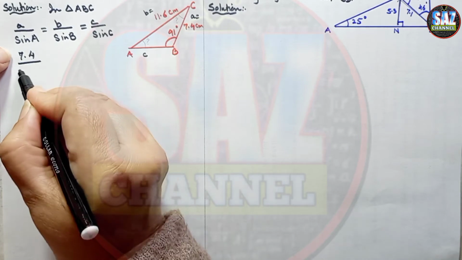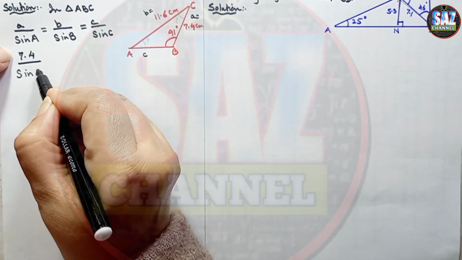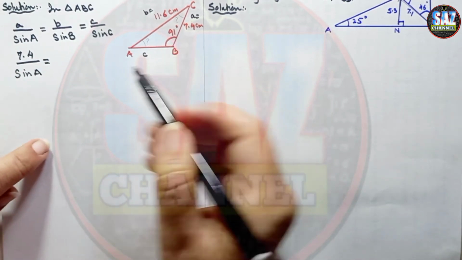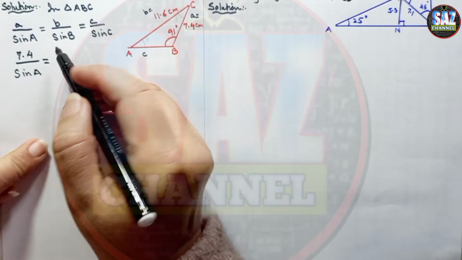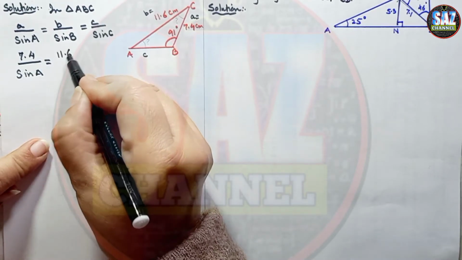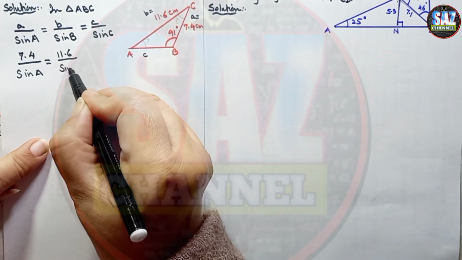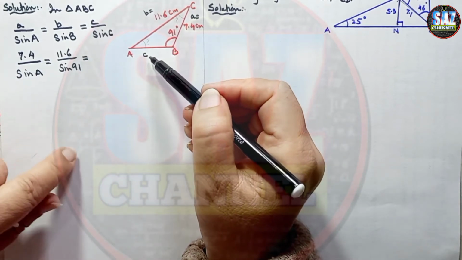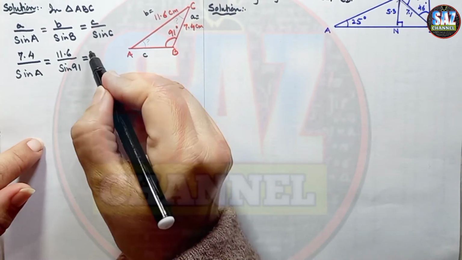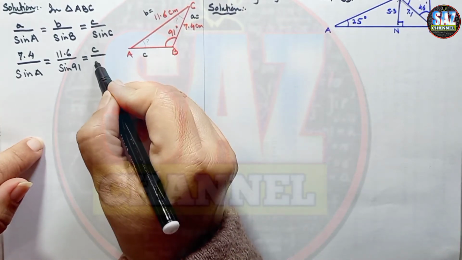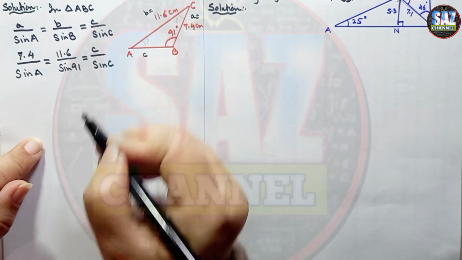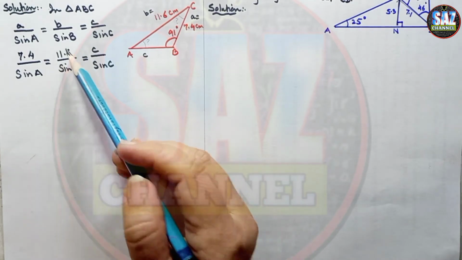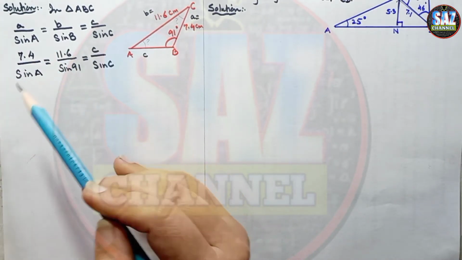Side a has the value 7.4 upon sine A, because angle A is not known, that is the requirement of question, and side b is 11.6, and then I have to divide it with sine 91 degrees and equals c unknown, and the angle C as well is unknown, sine of C. Okay, after writing the equation, we can see that over here we are given three values and one unknown.